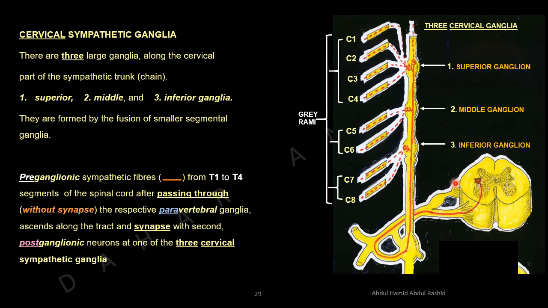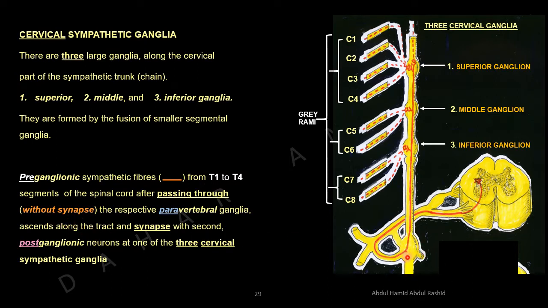These are the segments of the spinal cord. Look here, preganglionic sympathetic fibers coming from the T1 to T4 segments of the spinal cord pass through the paravertebral ganglia here without synapsing.